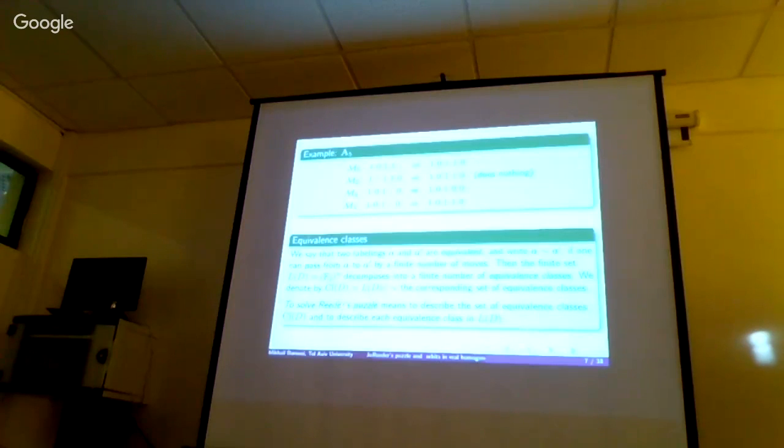To solve Reader's puzzle means to describe the set of equivalence classes of D, and to describe each equivalence class in L of D. This means that for any two labelings, we should know whether they are equivalent or not, and have a family of representatives of each class.